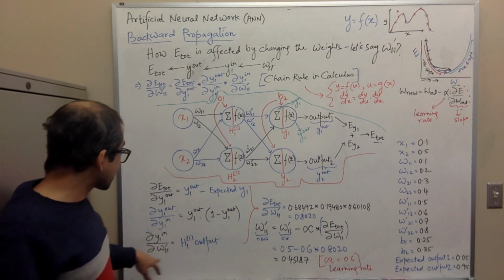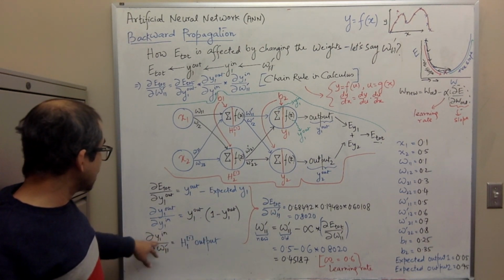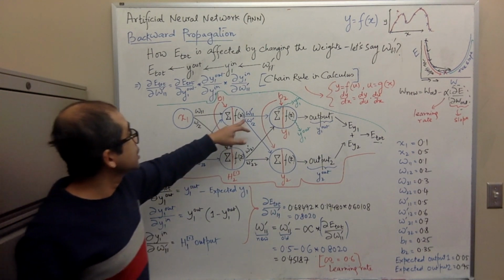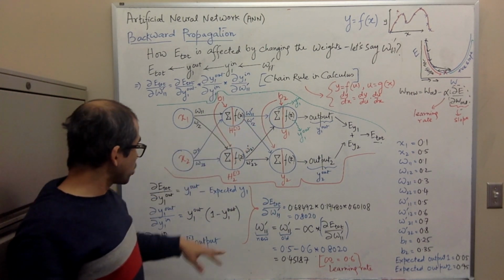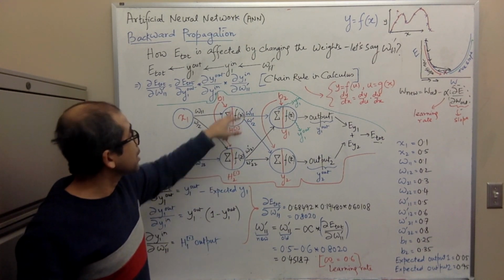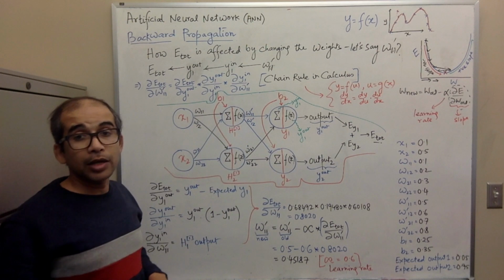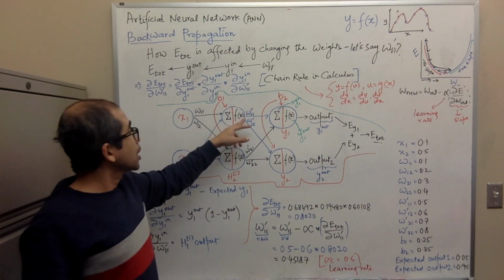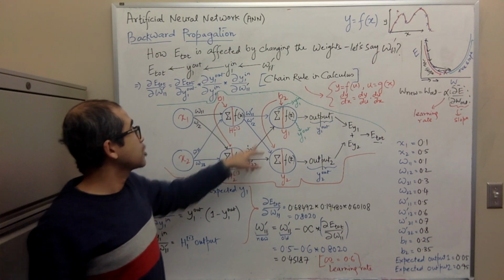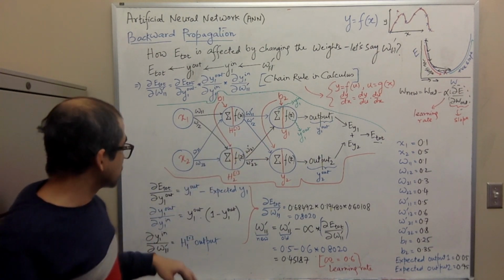And the third one is del Y1 in divided by del W prime 11. This is the input, so how do we calculate it? We calculate using H1. It is the output of this function times W prime 11, plus the output of this function times W prime 21.